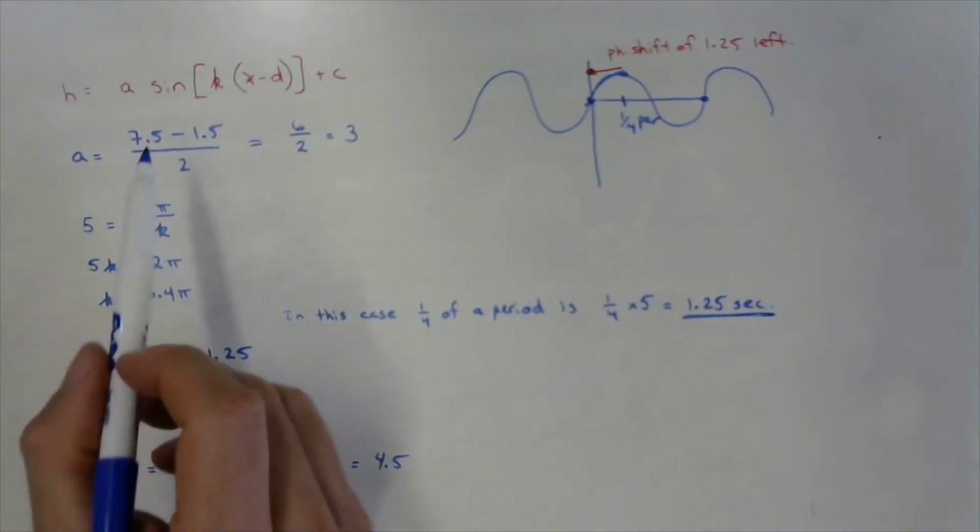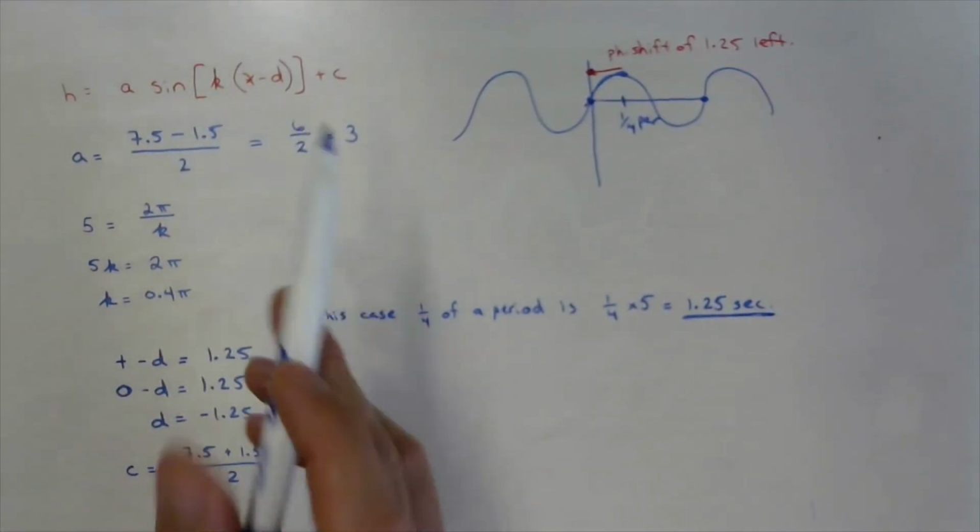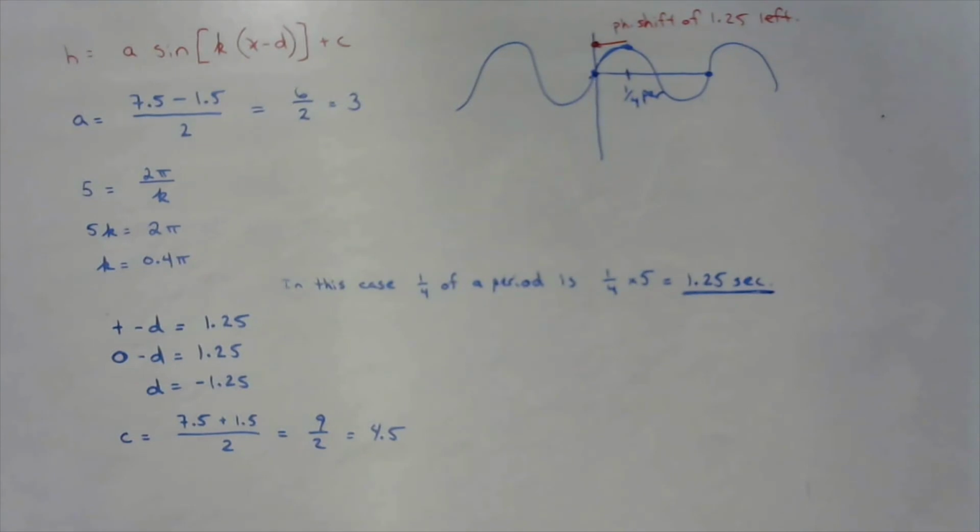Good. We take our standard function here, drag it all the way down. We fill in what we just found out. The height of the rider with respect to time. We can even use t instead of x.